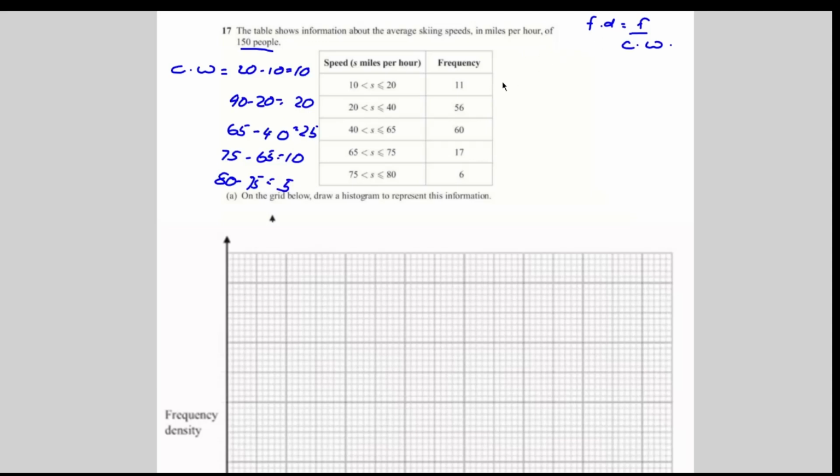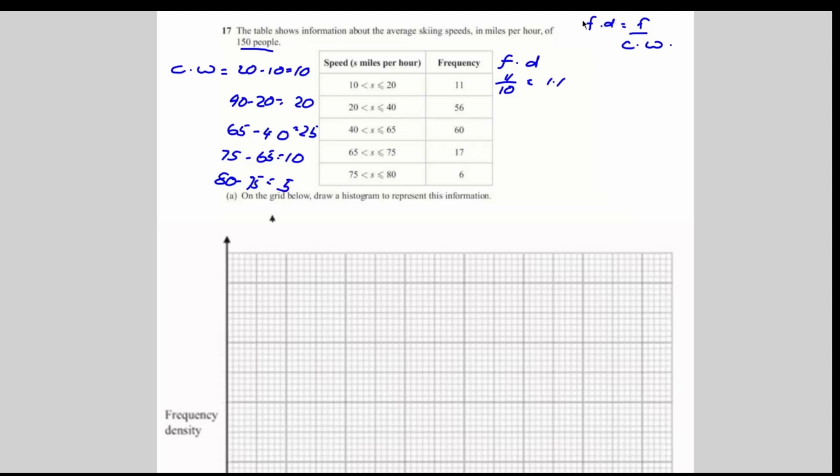Frequency density equals frequency over class width. The first one: frequency is 11 divided by class width 10, which gives 1.1.